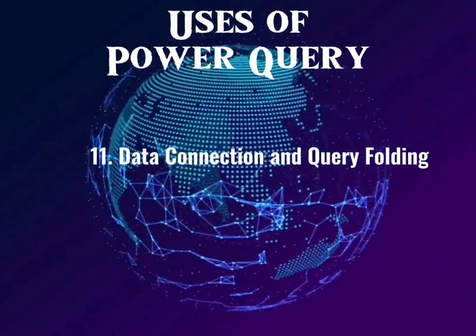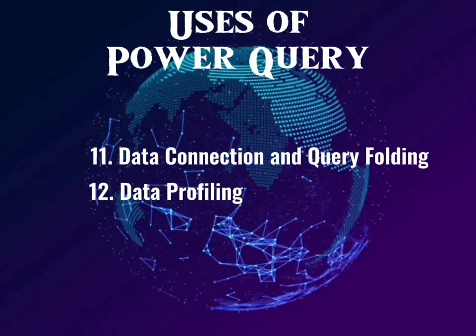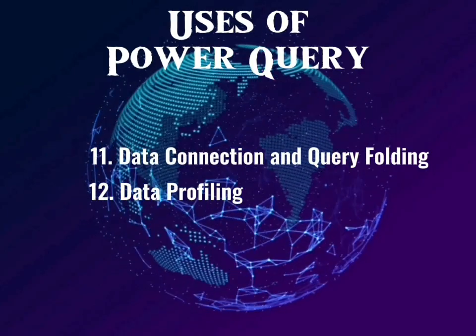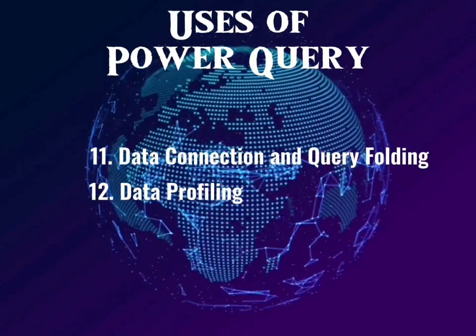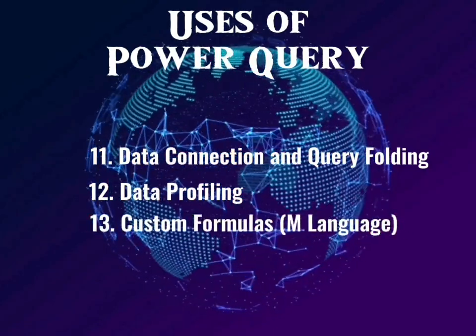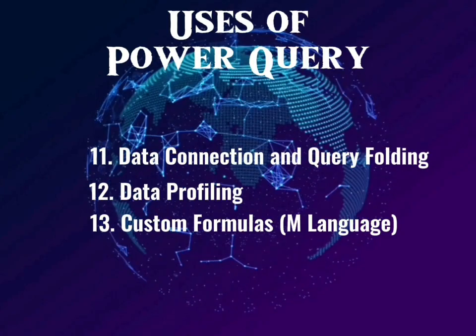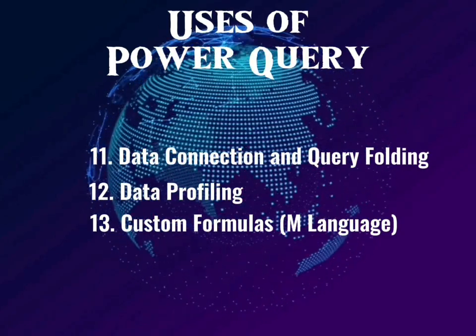Utilize Power Query data profiling feature to gain insight into the structure and quality of your data. And lastly, number 13, custom formulas, M language. Write custom formulas using the M language to perform advanced transformation beyond the capabilities of the user interface.